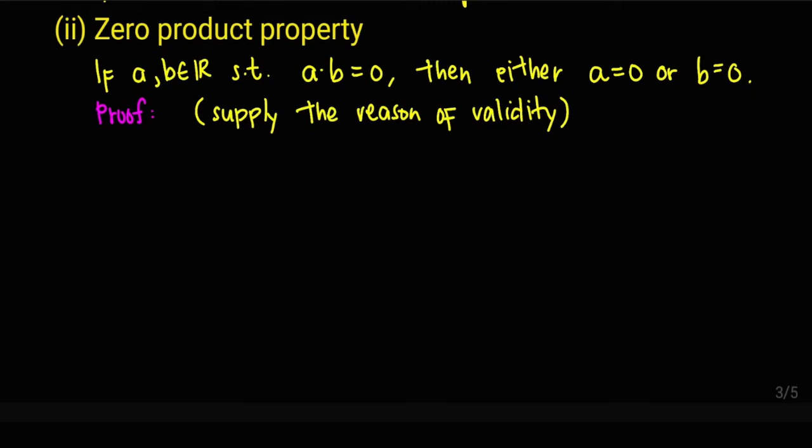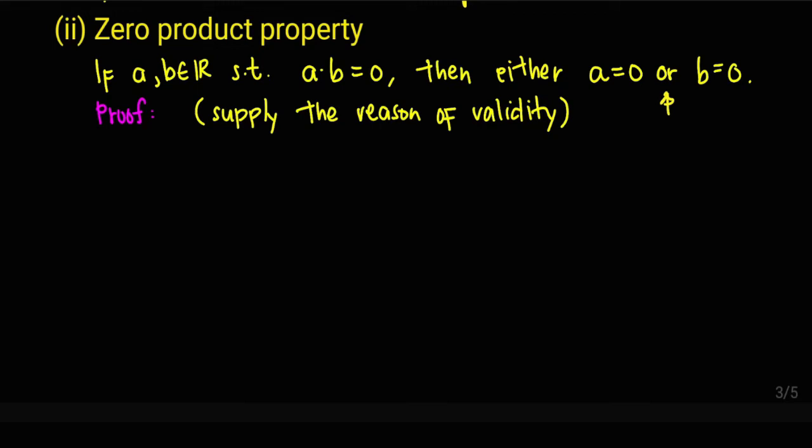Of course, the logical operator or here means that it can happen that both of them are equal to 0. So, what the property is saying is that if the product is 0, then at least one of the factors, either a or b, is 0. Again, it can happen that both of them are equal to 0.